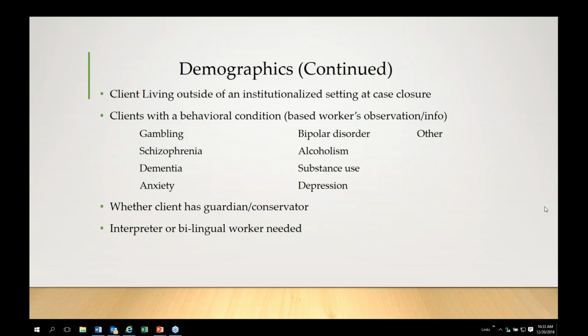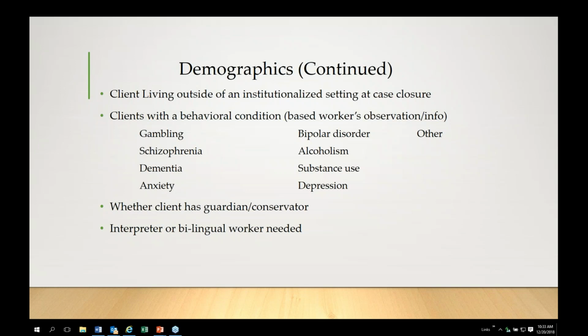Okay. The next one is, we're going to capture how many of our clients are living outside of an institutional setting at case closure. Another way to think of that is, at the end of your case, is the client still living in a situation that would be APS jurisdiction?